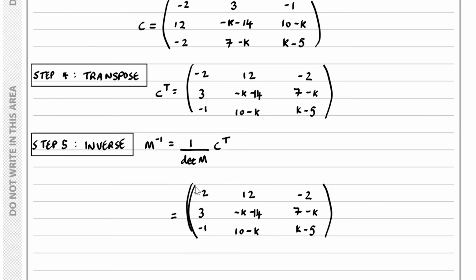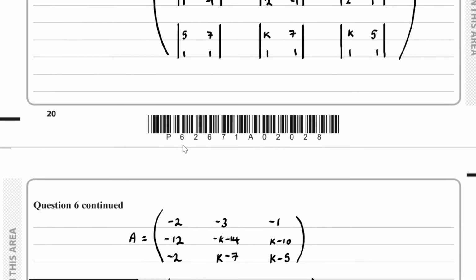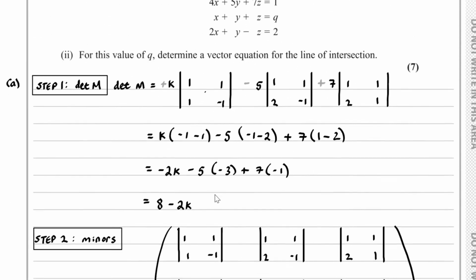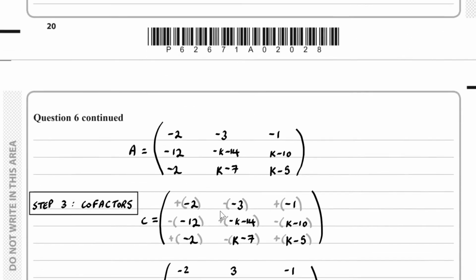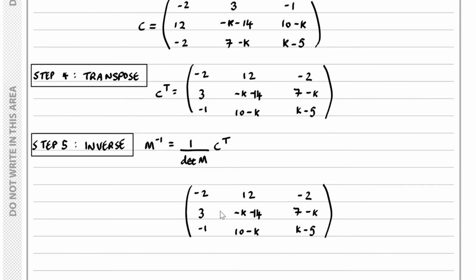So let's just tidy this up a little. And then we've also got 1 over the determinant, and we worked out the determinant in this step. That was 8 minus 2k. So the inverse of the matrix, that's 1 over 8 minus 2k lots of this matrix here.